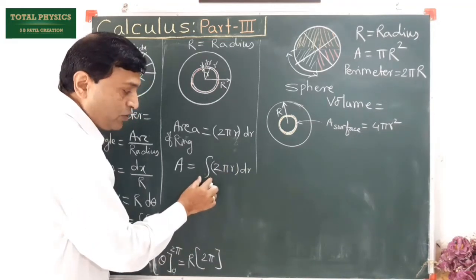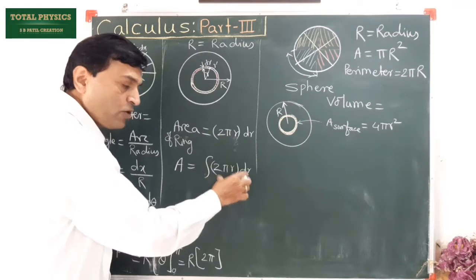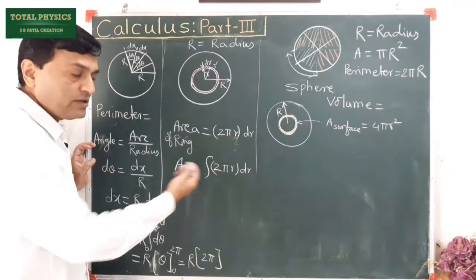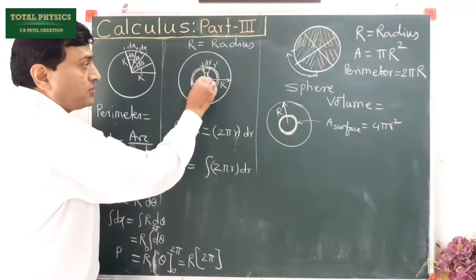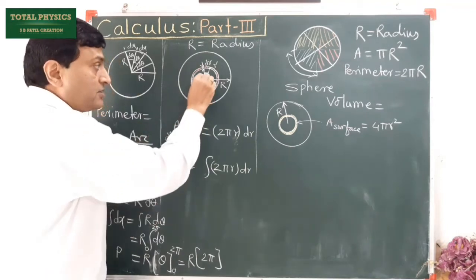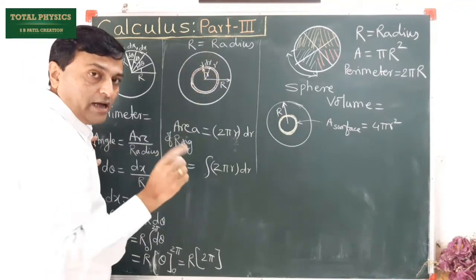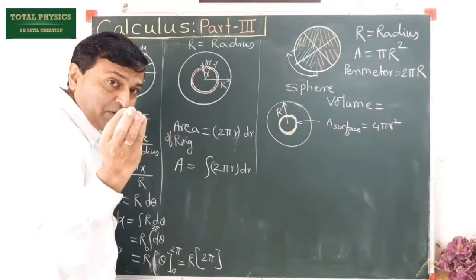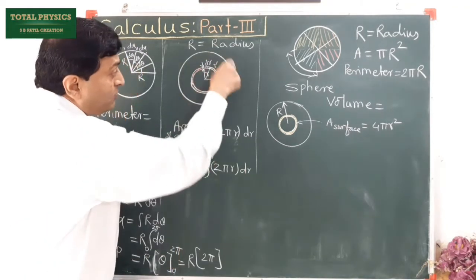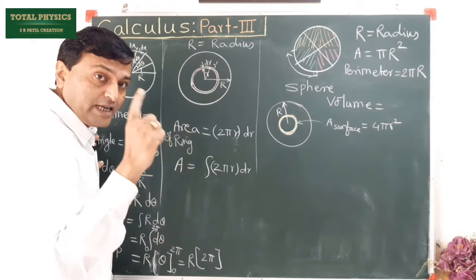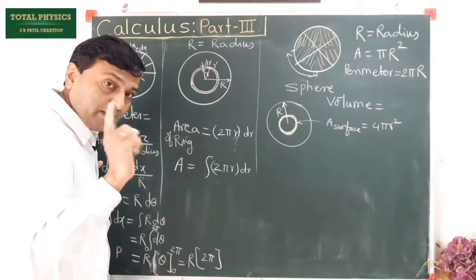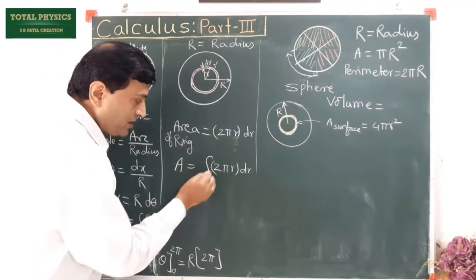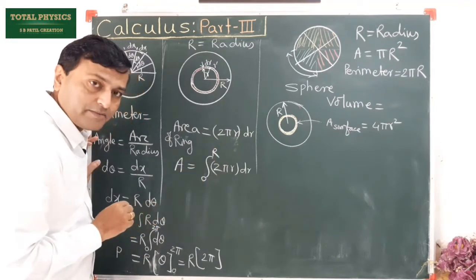This is the symbol of addition, addition of all small rings. Solve this one. The last ring is this ring. This center ring having radius 0 will become a point, and the outermost ring will have radius capital R. This will be the range. You have to put here the range 0 to capital R.